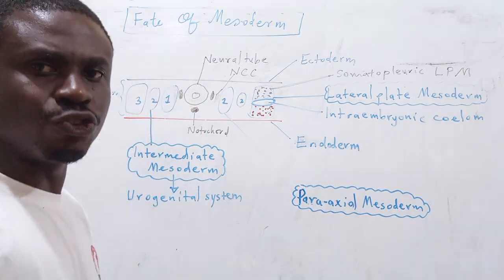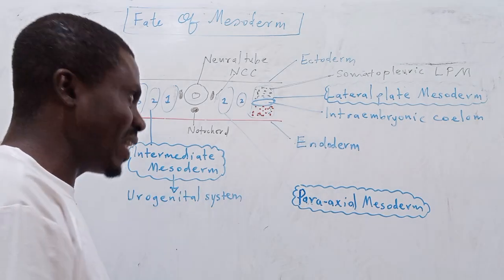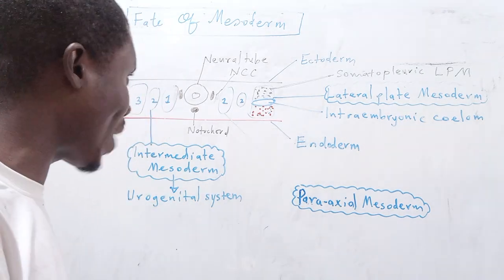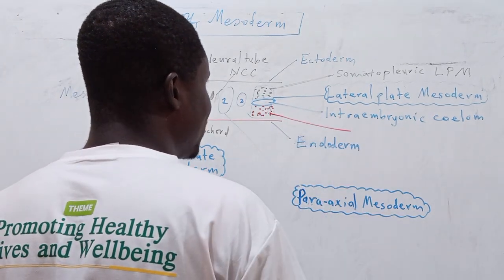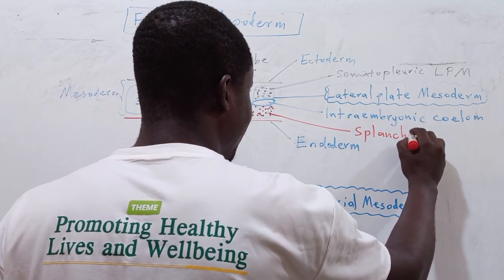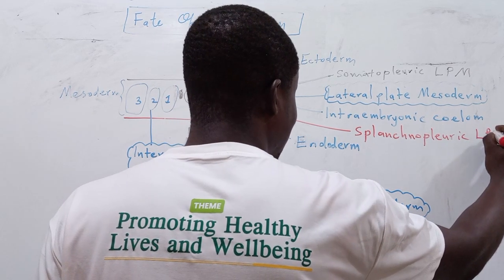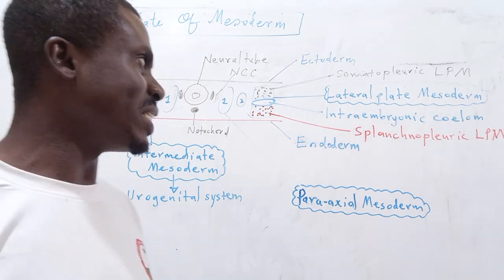Yes, in relation to the endoderm, and for that matter, the secondary yolk sac. Yes, this guy over here is related to the viscera, and the word we use for viscera will be splanchnic, and that is why this guy over here of the lateral plate mesoderm will be called splanchnopleuric lateral plate mesoderm.